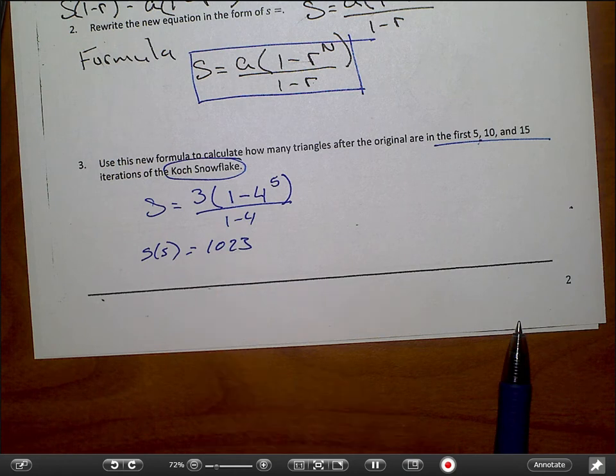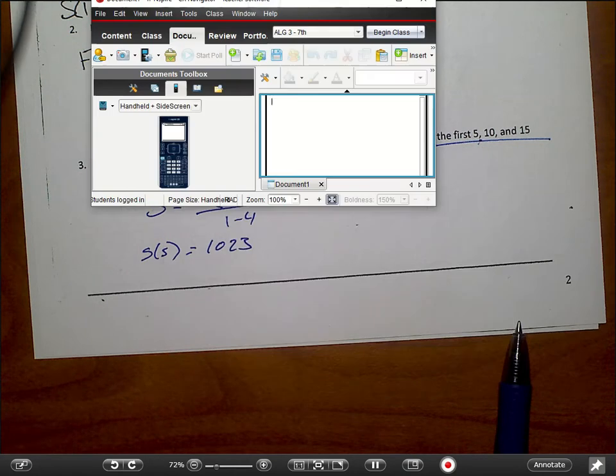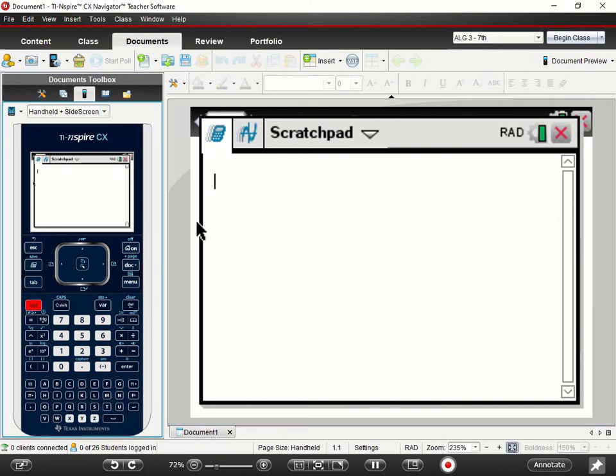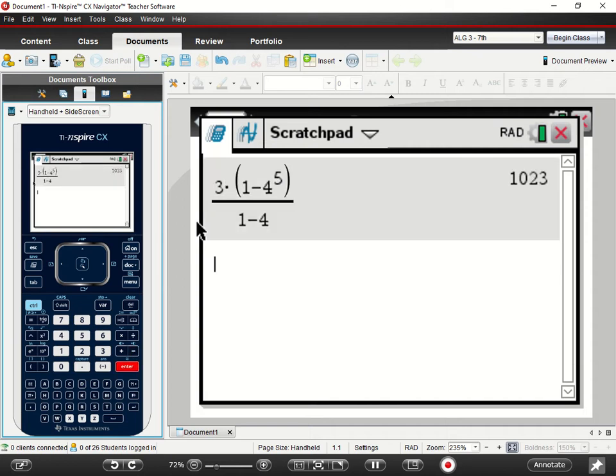Yeah, it's over. Okay, parentheses, 1 minus 4 raised to the 5th, right? Over 1 minus 4. 1023? Everybody got 1023?